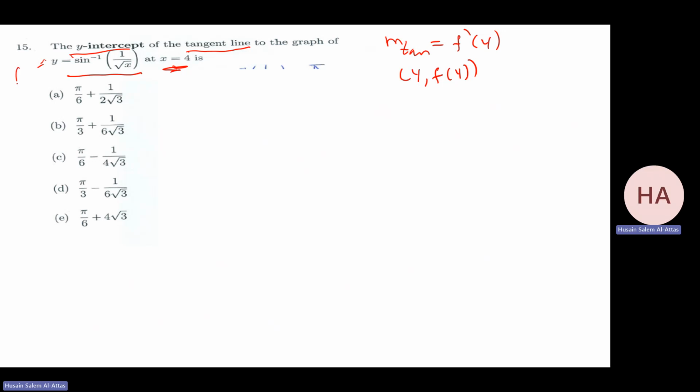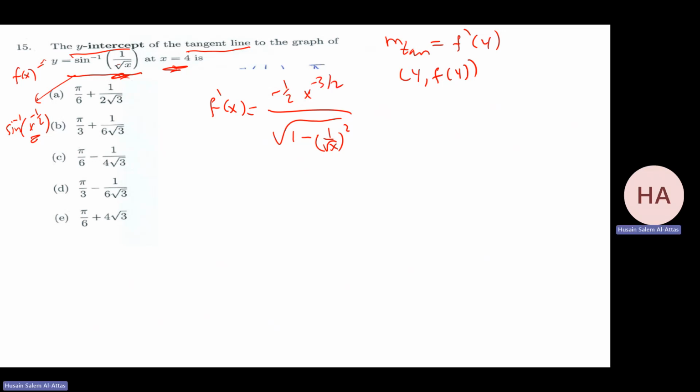So I have f prime of x is what? 1 over the square root of 1 minus u squared times u prime. And this one is what? I can rewrite it as sine inverse x to the power minus half. So this will be minus half, derivative of this, minus half x to the power minus 3 over 2.